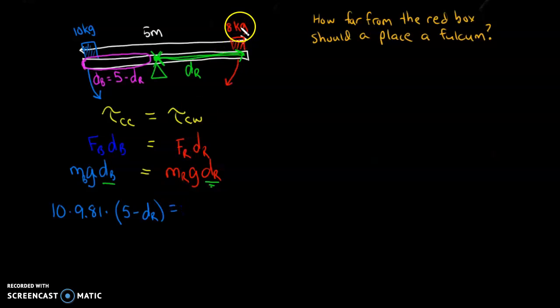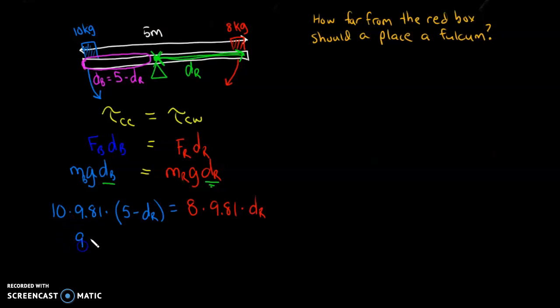That's going to equal the mass of the red box, which is 8 kilograms, times, again, the acceleration due to gravity, 9.81 meters per second squared, times the distance from the red box to the fulcrum. Now, I have one variable and a bunch of numbers, so now we can just start solving.